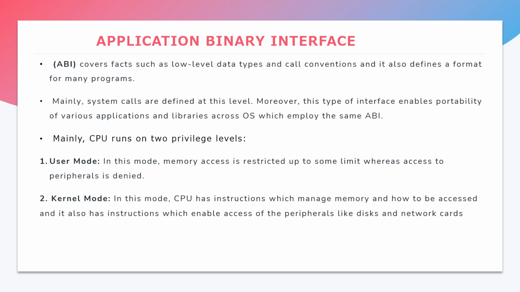Mainly, the CPU runs on two privilege levels. User mode: in this mode, memory access is restricted up to some limit, whereas access to the peripherals is denied. Kernel mode: in this mode, the CPU has instructions that manage memory and how it is to be accessed, and it also has instructions that enable access to peripherals like disk and network card.